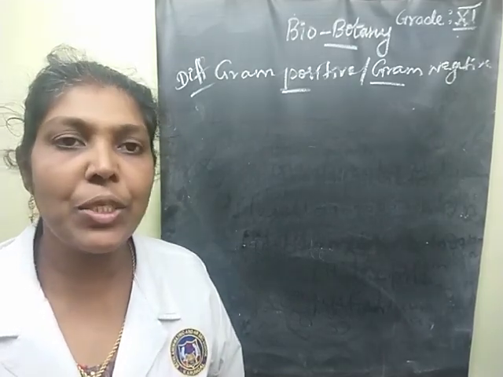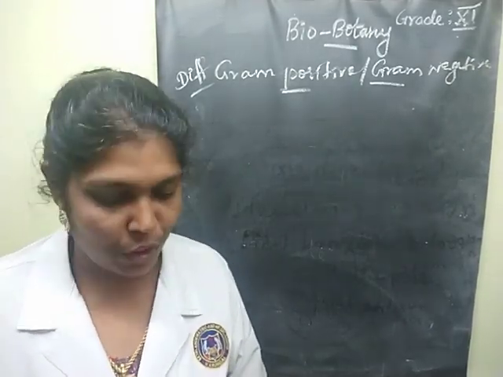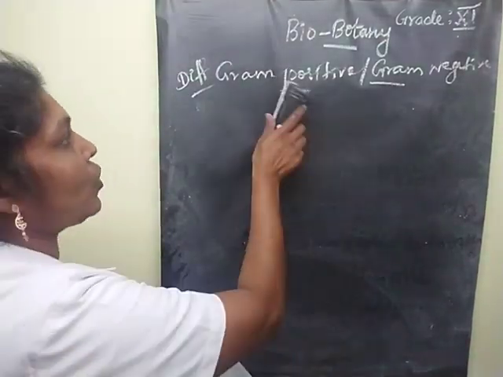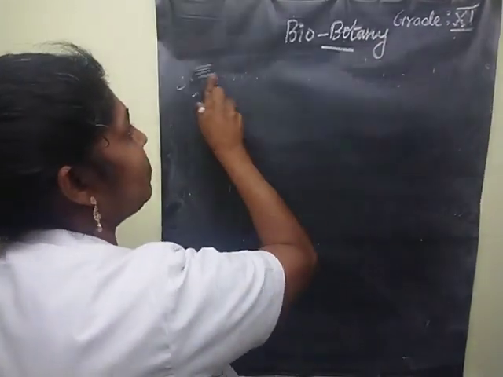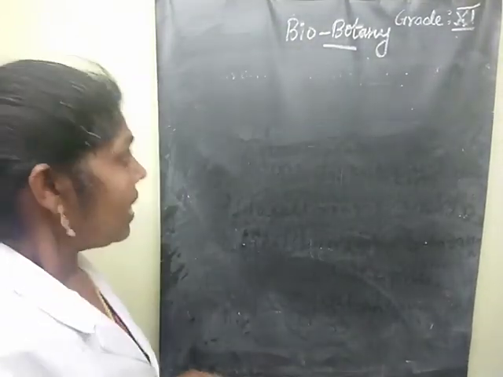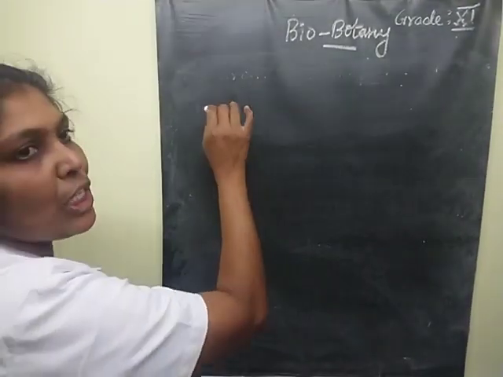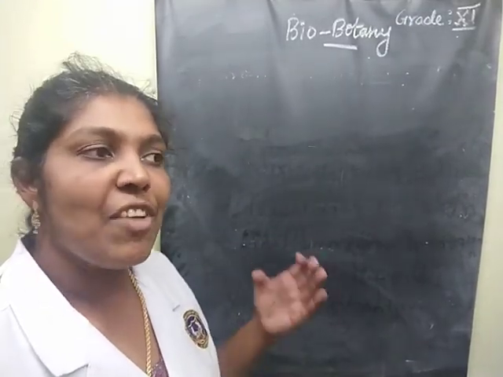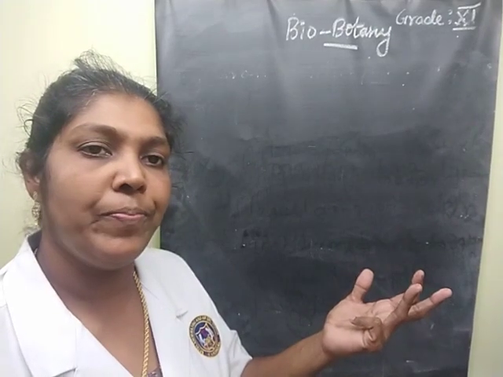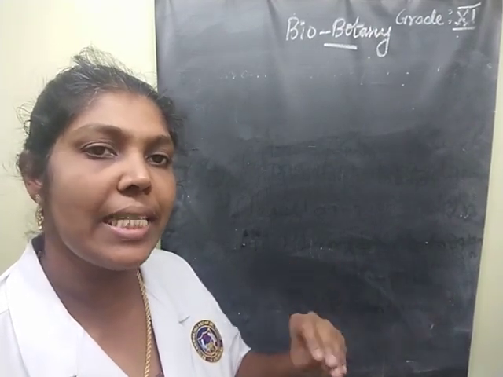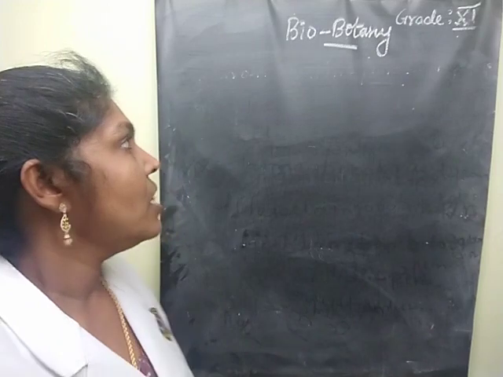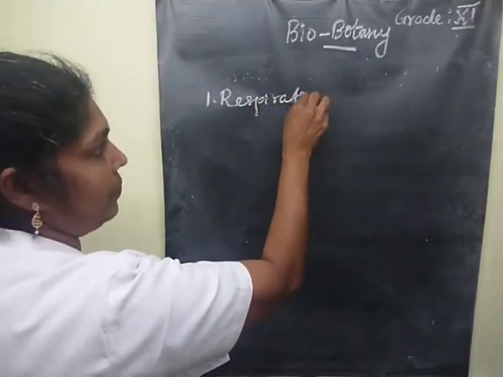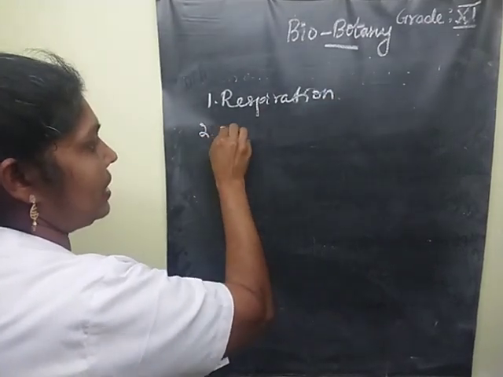Clear? The next one we are moving to is today's class portion: life processes in bacteria. The life processes in bacteria come under 3 topics, children. The life processes are the first one, respiration, and nutrition.